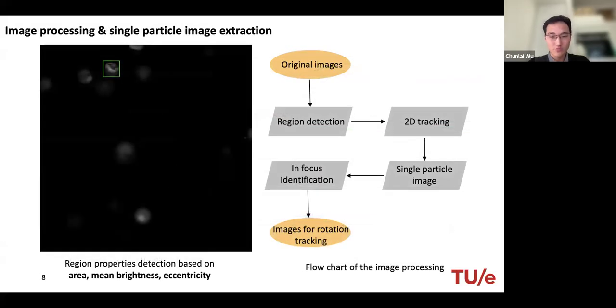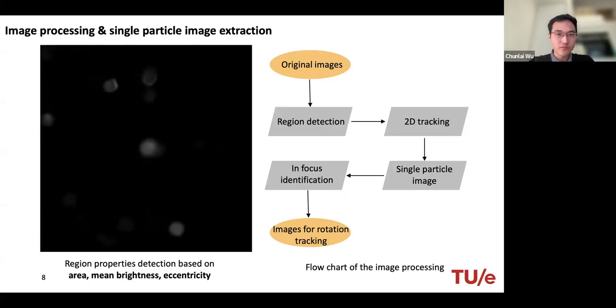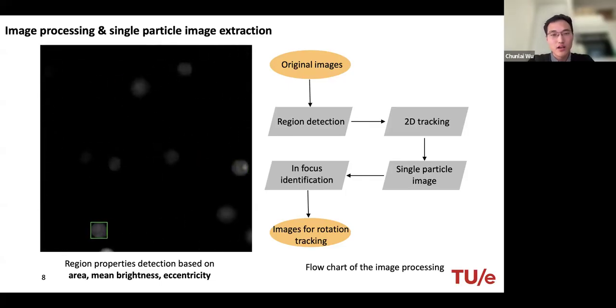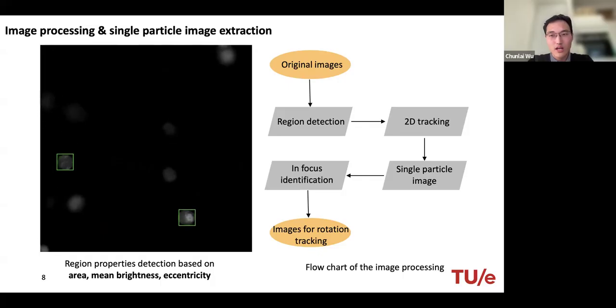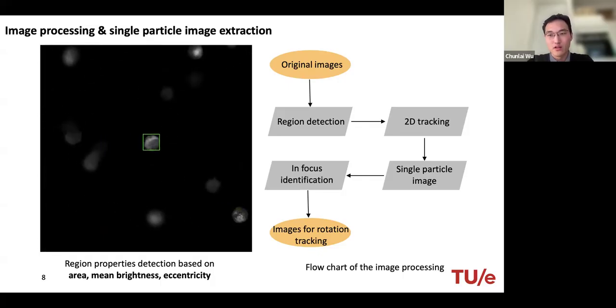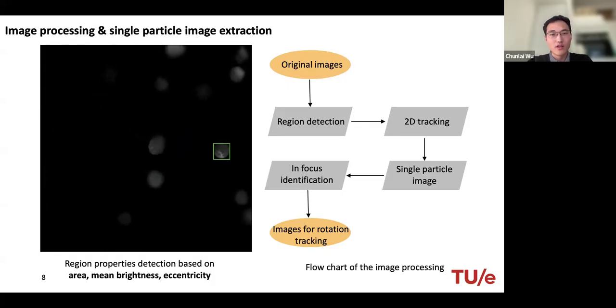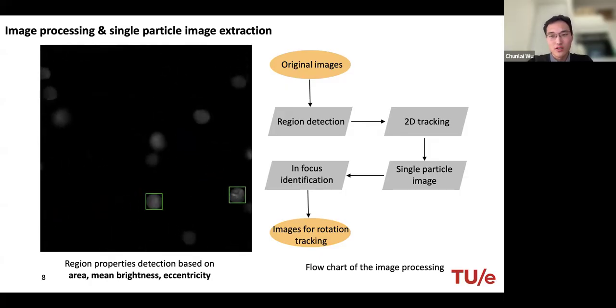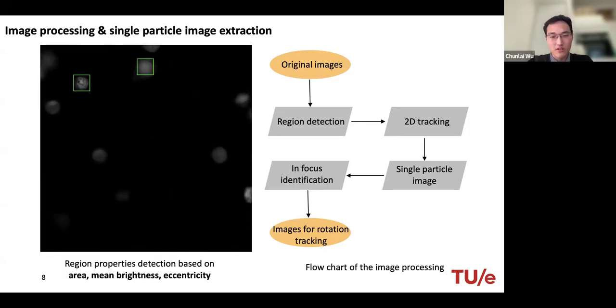And then in general, I need to briefly explain how we extract each single particle's rotation from the very raw recordings of the camera. First of all, we need to locate every particle and then track each one over time. This is just a simple 2D tracking on 2D images. And then we need to crop each single particle into a very small size.